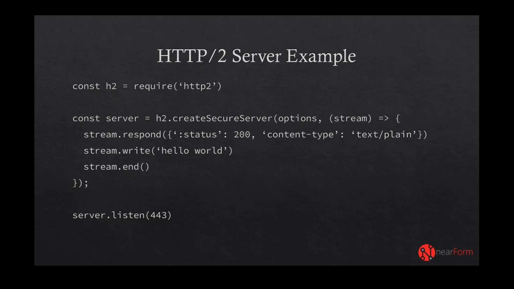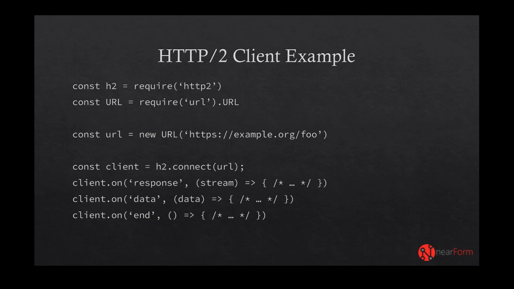At that level, you're dealing with the stream itself. So you receive a stream, you're going to receive some headers. You want to respond, so you call stream.respond, pass in your response, and then use the Node streams interface, with write and end, to actually send the data back. And then we just tell the server to listen on a port, and off we go. Very minimal, and should be quite fast.